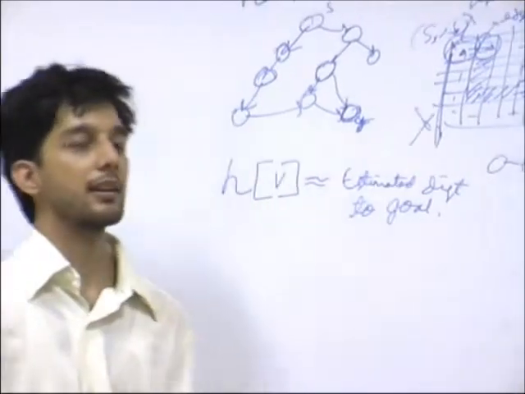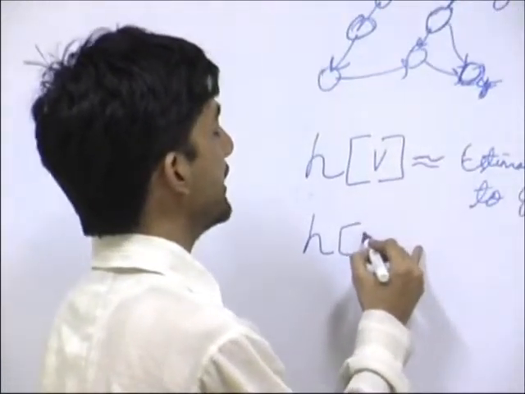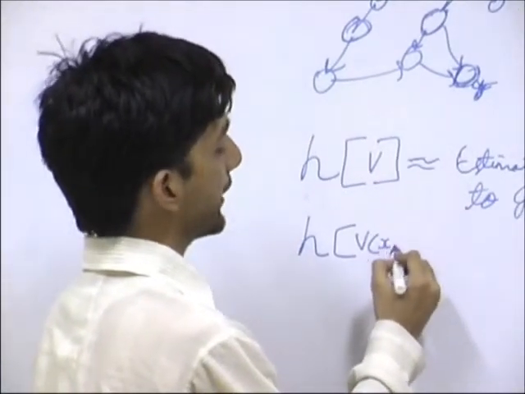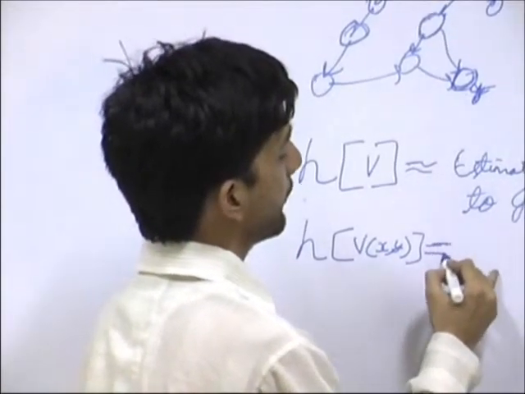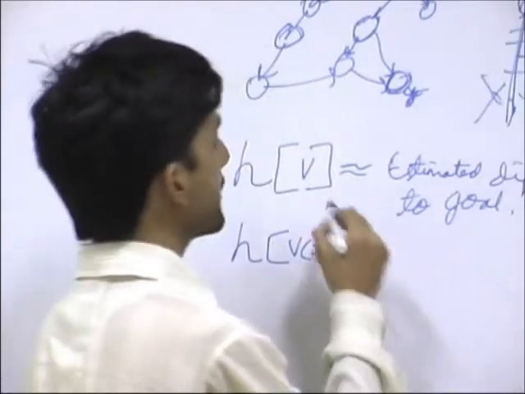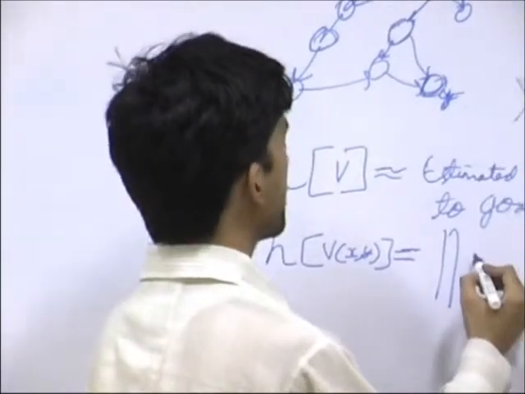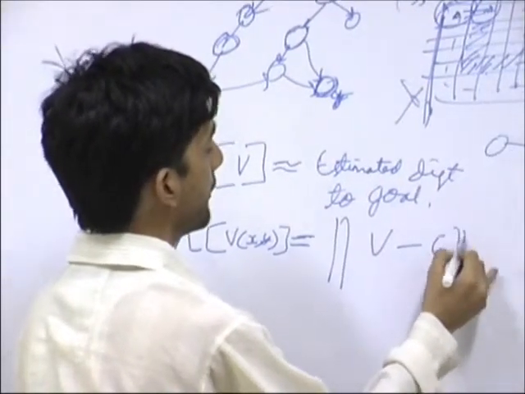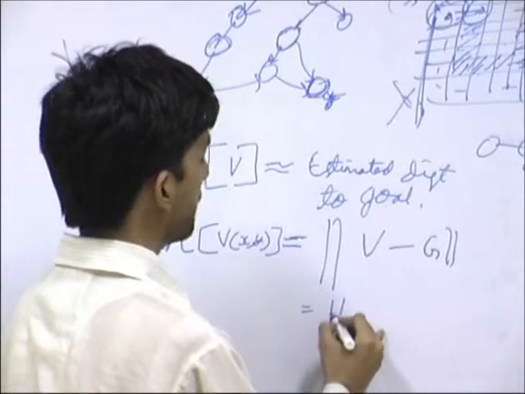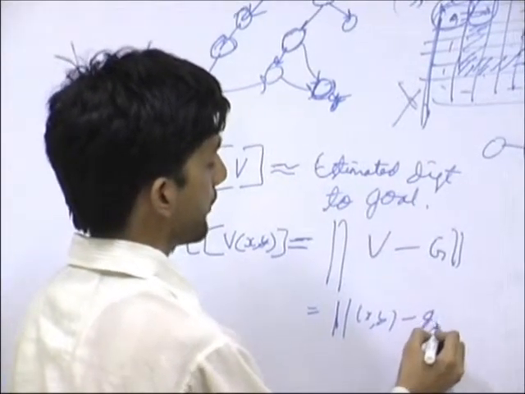I can say the heuristic cost of any vertex V, that is at location x comma y, is nothing but the distance from source to goal. So I say either V minus G, or I simply say the norm between (x, y) and (gx, gy).